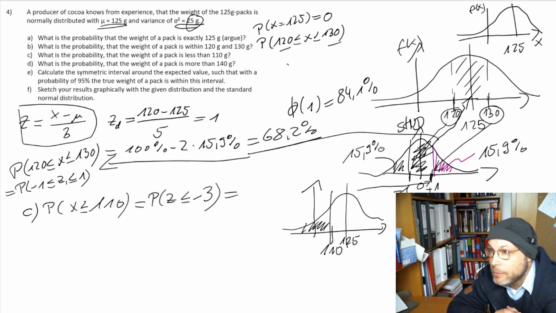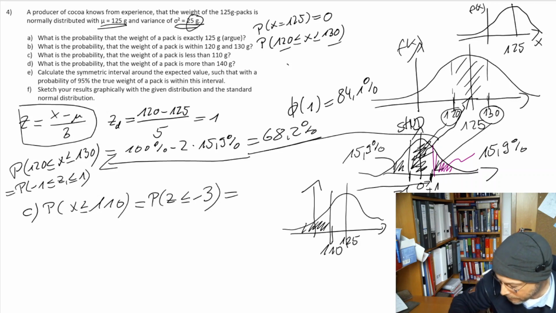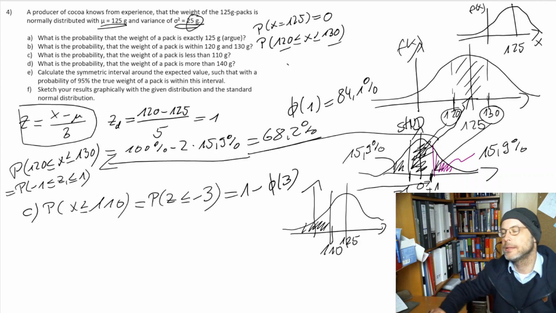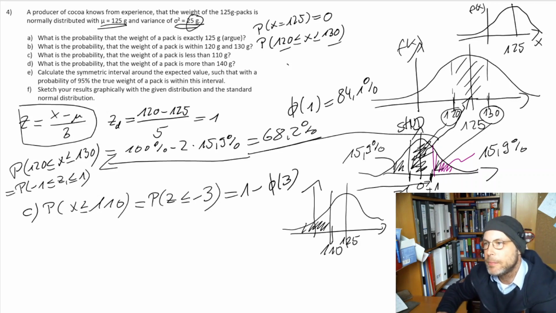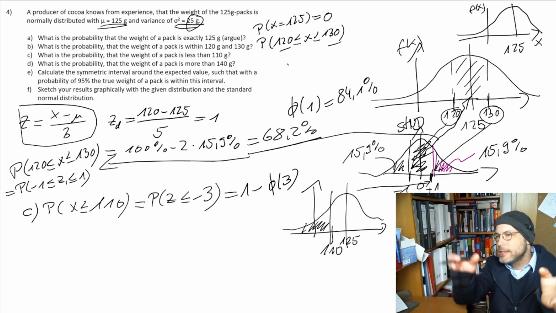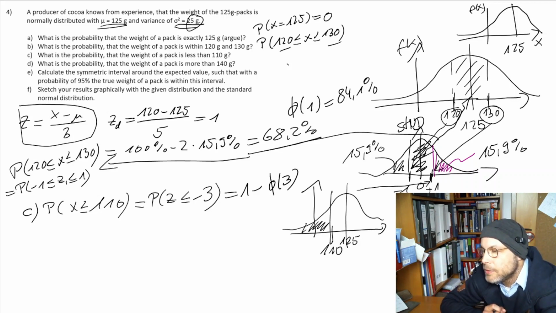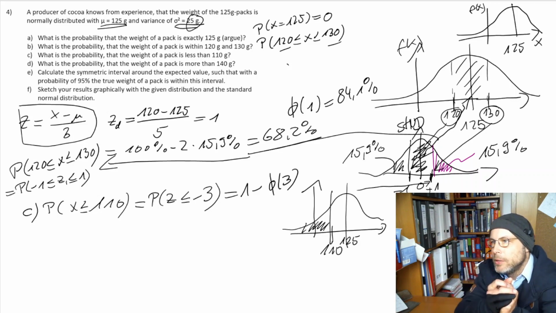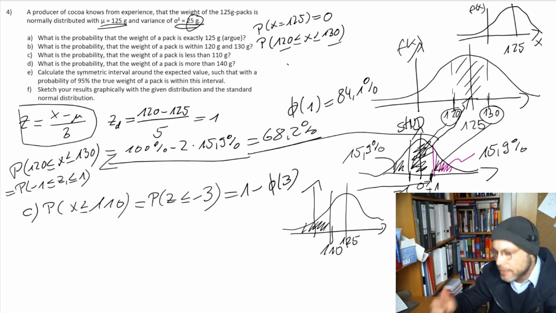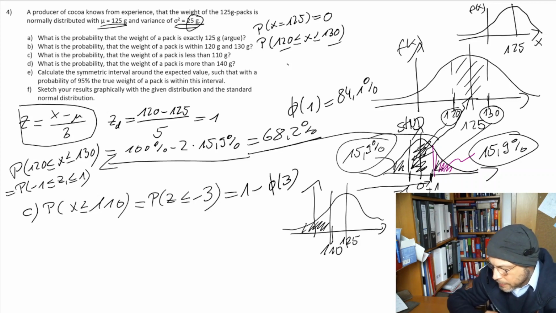Again, I ask you, you really didn't talk in detail about the normal distribution in Introduction to Statistics? Anyway, then we can say 100% minus the cumulative function at 3, because in this table you find only the positive numbers, since we know they are symmetric. So you also should be able to make these simple transformations.